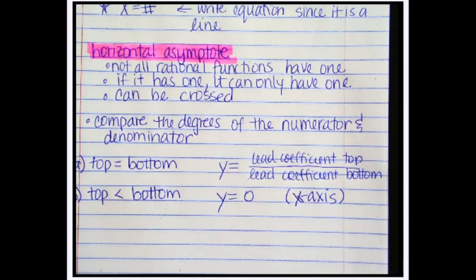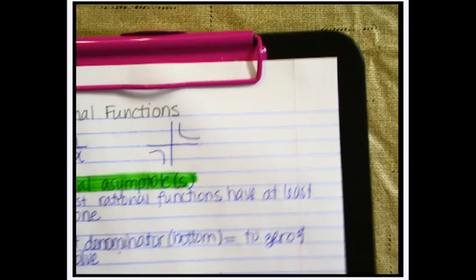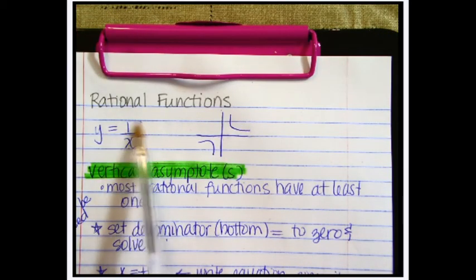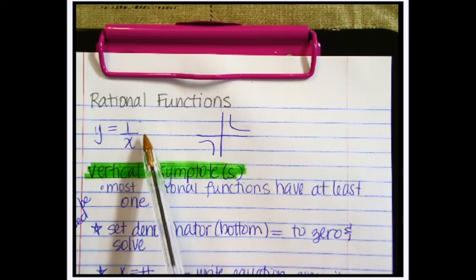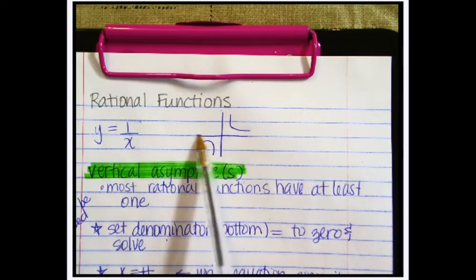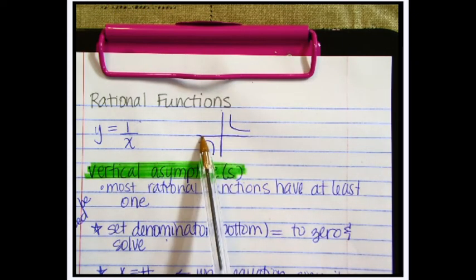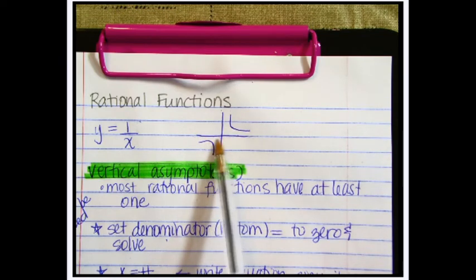So if the top is smaller than the bottom, we get y equals 0 or the x-axis. And if you look up at the top in our parent function, we have a degree of 0 on the top because we don't have an x, and then we have a degree of 1 on the bottom. And so the degree of the top is smaller than the bottom, and that says that our x-axis is a horizontal asymptote, and there it is. So there's our first basic example for that.